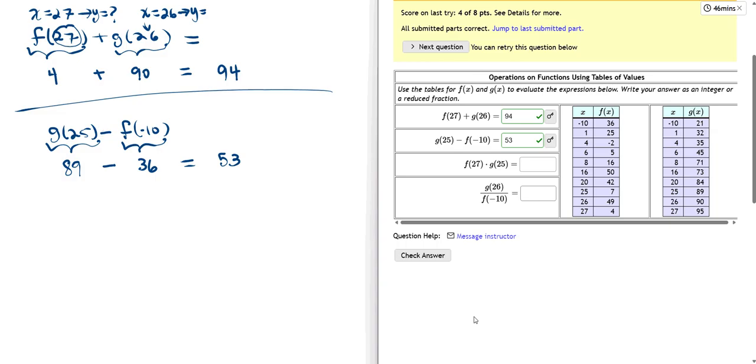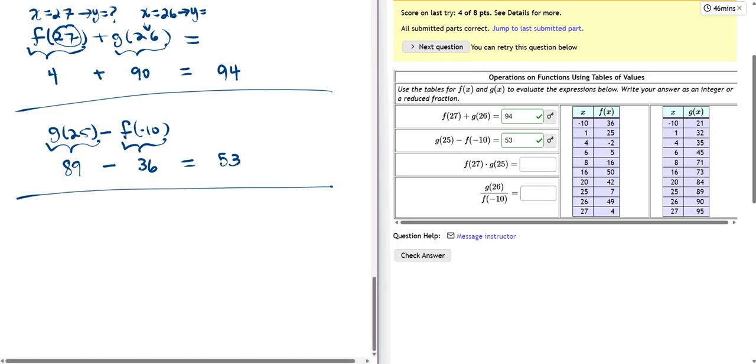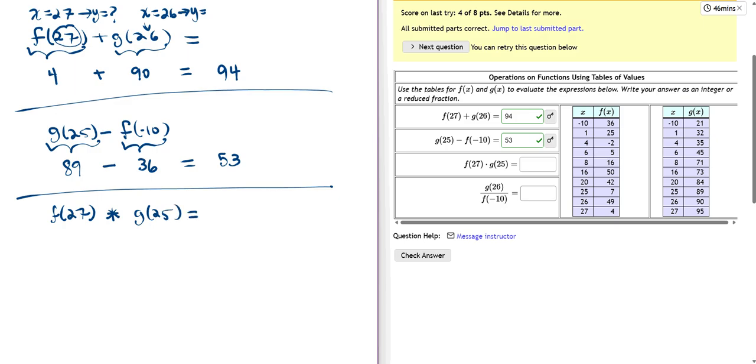Okay, next part says f of 27 times, okay, the dot means to multiply. So f of 27, in the first table where x equals 27, I find the corresponding function value of 4.